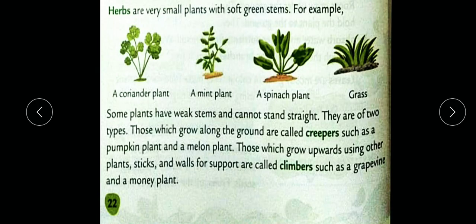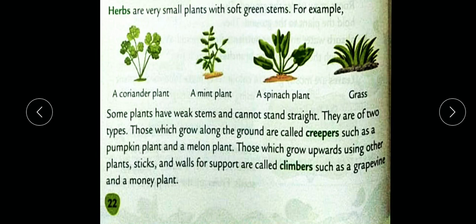About climbers, some plants which grow upward using other plants, sticks and walls for support are called climbers, such as grapevine and money plant. See, climbers have weak and green stems, so they can't stand straight by themselves.